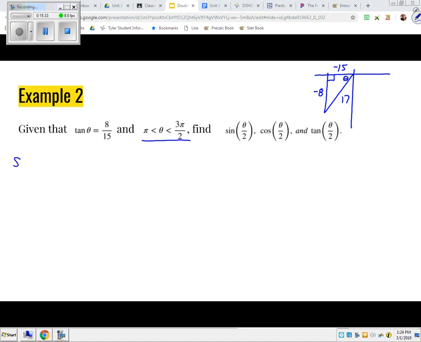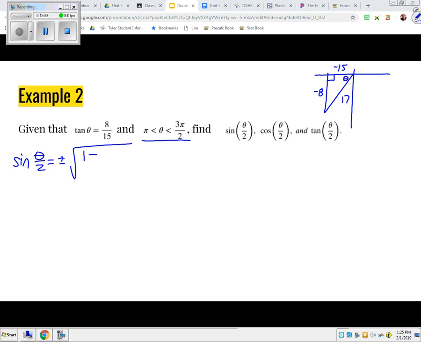Teach forever. So sine of theta over 2. Oh, it's going to get tricky here in a minute. So I got the plus or minus the square root of 1. Is it plus or minus? Cosine of theta.